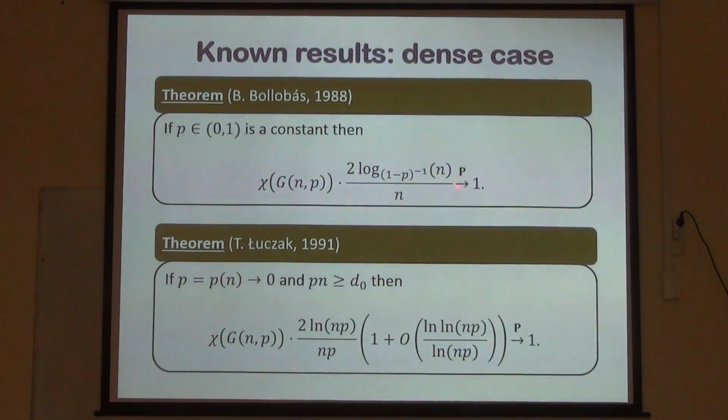In probability, it means that we have the law of large numbers for the chromatic number. But of course, this proof works not only for constant probability. If p is a function tending to 0 but not very fast, then it's also true.